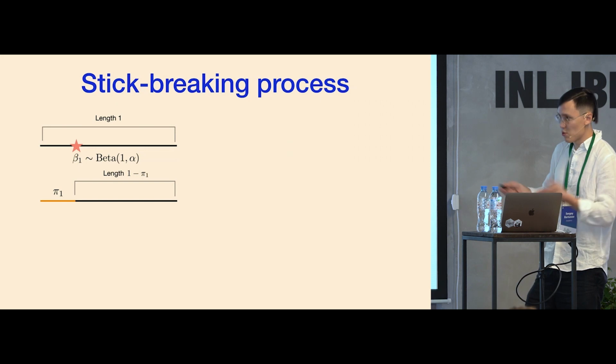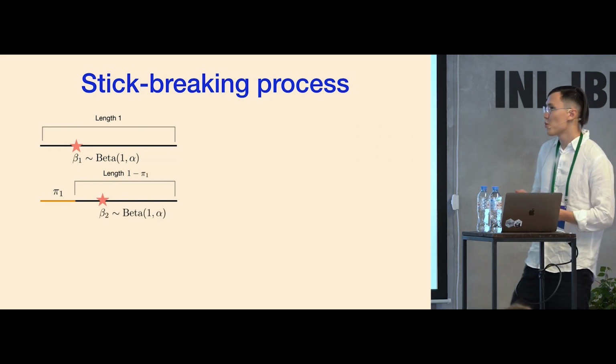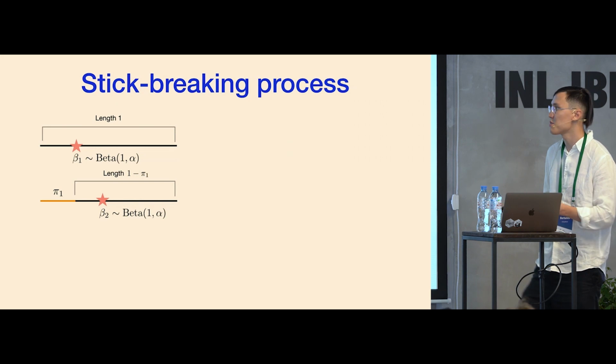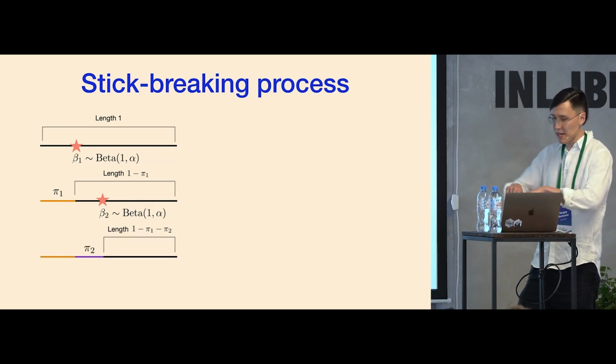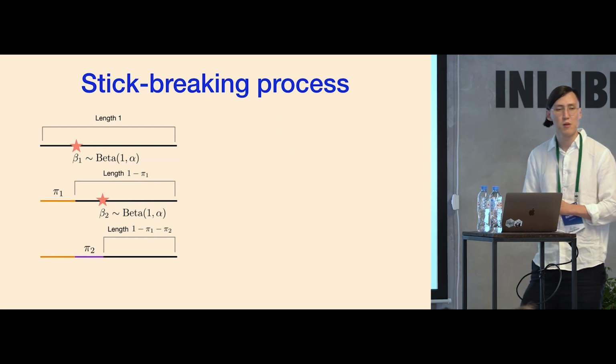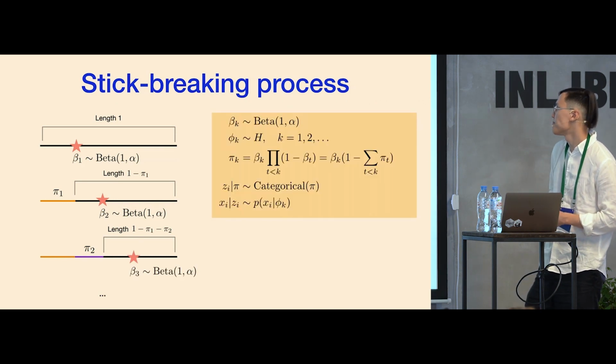Then the rest of the stick has length 1 minus pi 1. Makes sense, right? We repeat this process: we sample another stick-breaking proportion, beta 2, from the same distribution, again break the stick, and this becomes the prior probability of meaning 2. And we repeat this process infinitely many times.